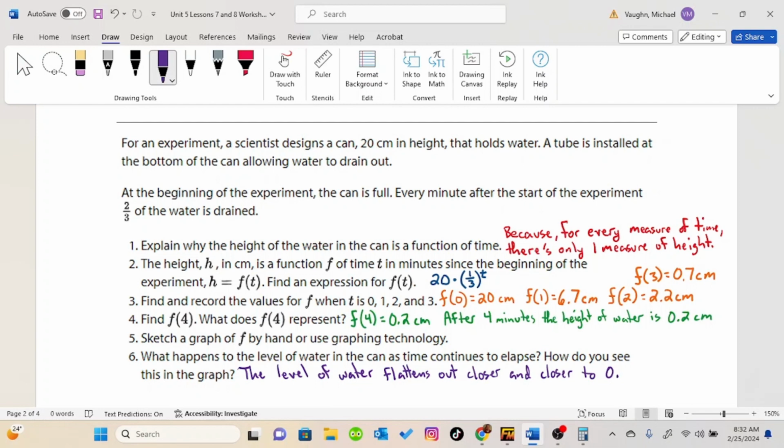Mathematically, you would never actually empty the can. In reality, we know that we would actually empty the can eventually.